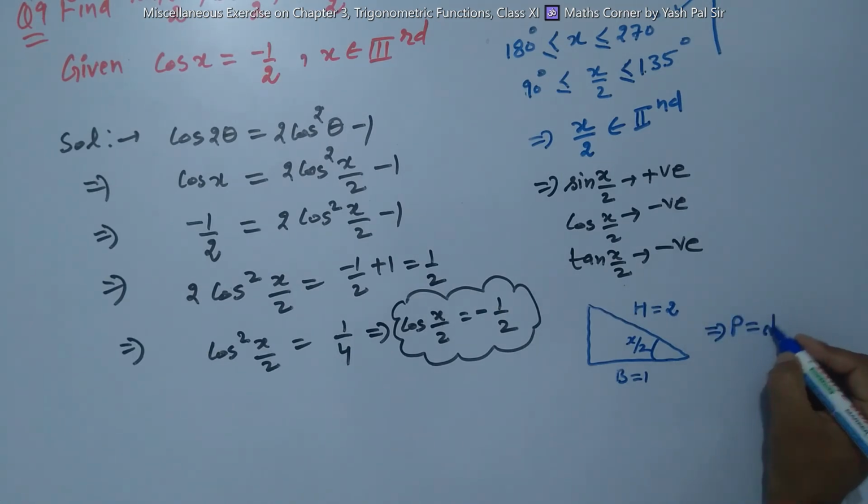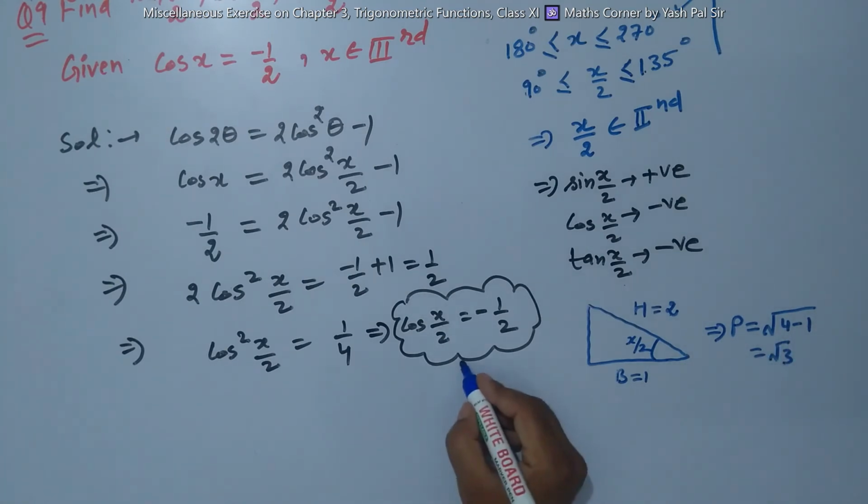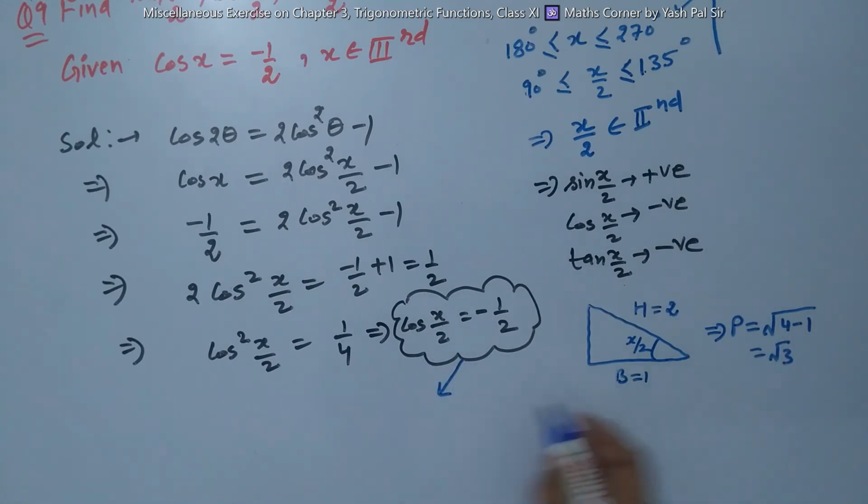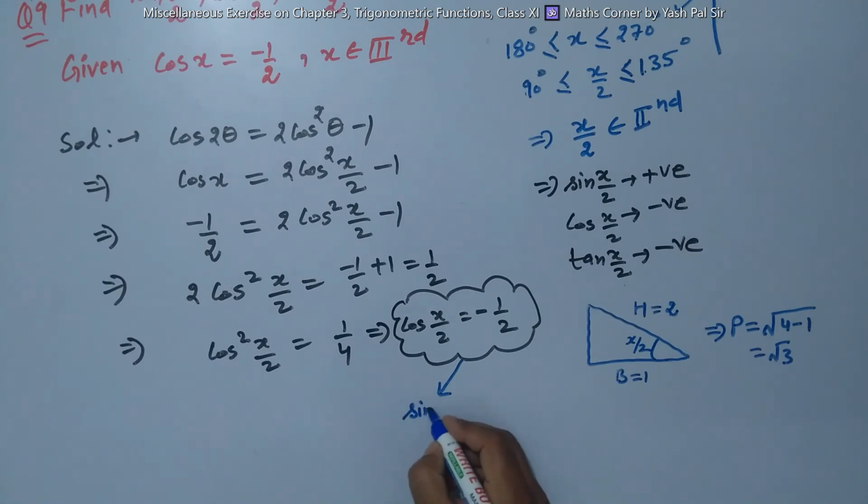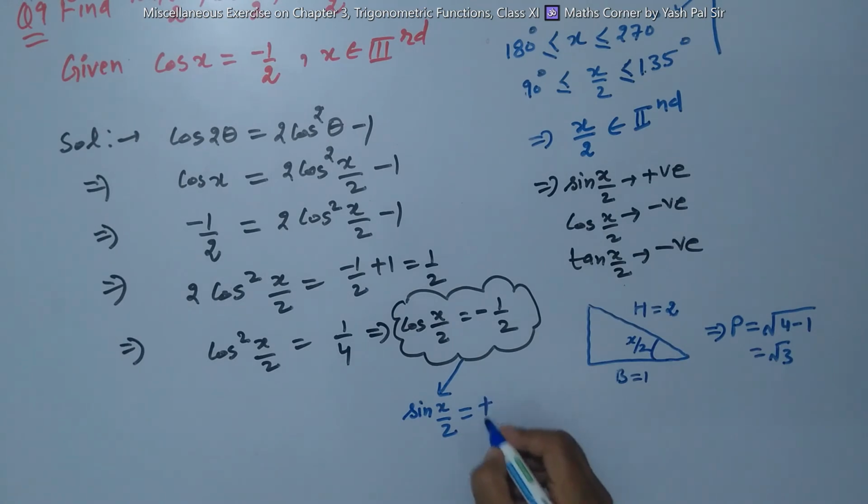P is equal to square root of h square 4 minus b square 1, which is equal to square root of 3. So from here what can we say? We can say sine of x by 2 will be positive, p upon h.